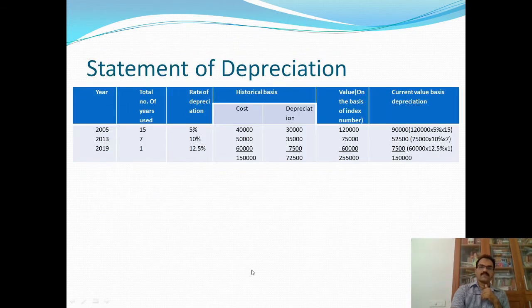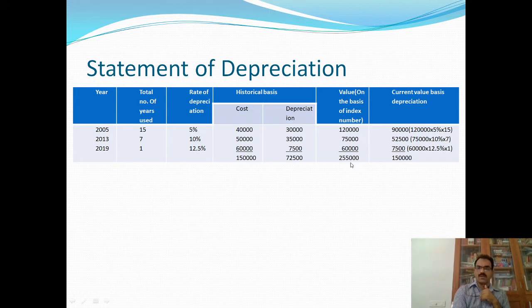So 60,000 divided by 8 into 1 is equal to 7,500. So total depreciation under historical cost basis will be 72,500. Then the value on the basis of index number that you have already calculated: 1,20,000, 75,000 and 60,000.